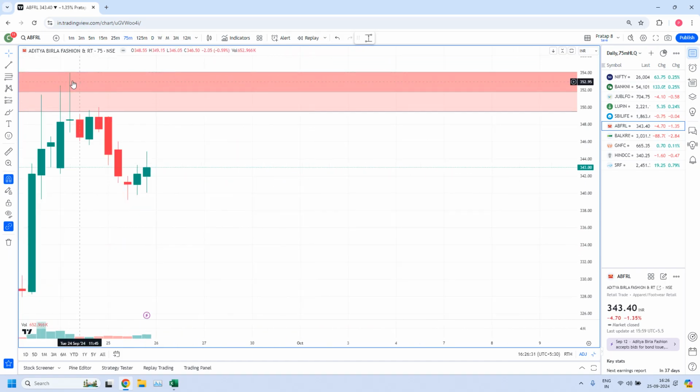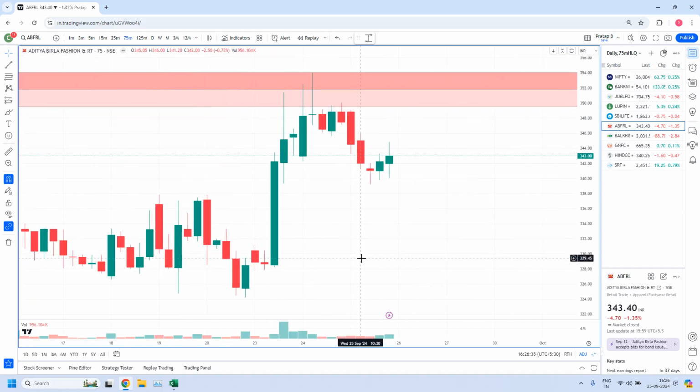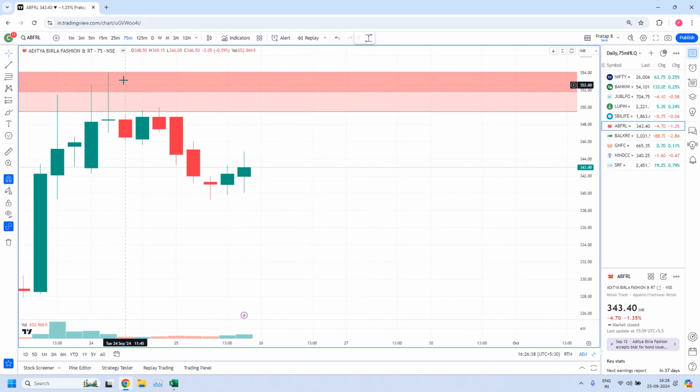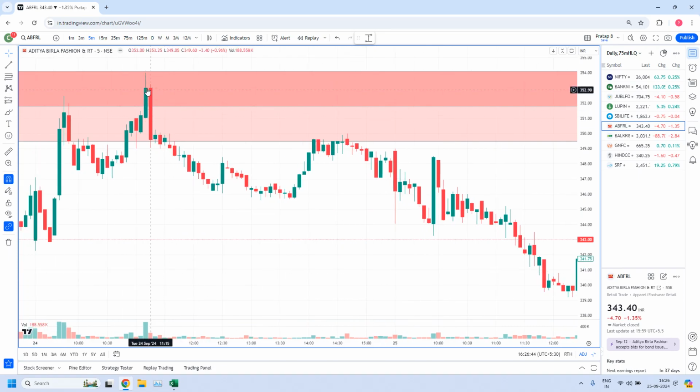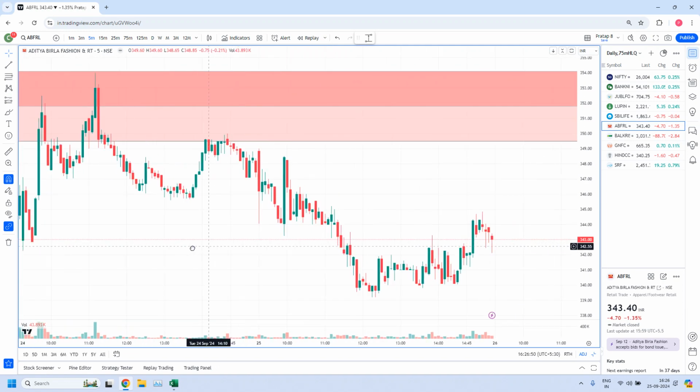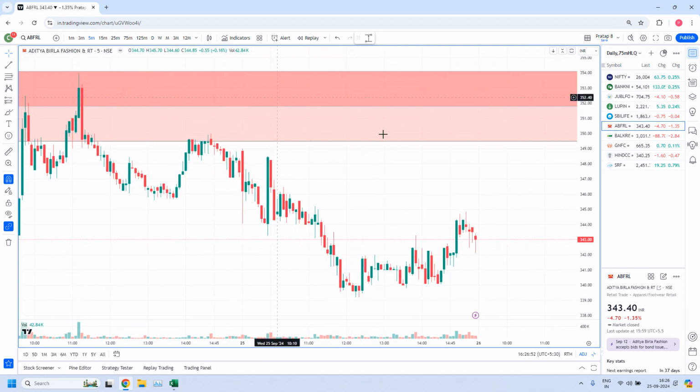It didn't cross the distal line, just 5 paisa before the distal line it came down again. That way we can plan a trade by seeing any 15-minute zone, but unfortunately there are no 15-minute zones formed recently. See, rally candle, drop candle, in between no base candles. If that is the case, this zone will be violated easily. But anyway, today prices did not enter into this zone.